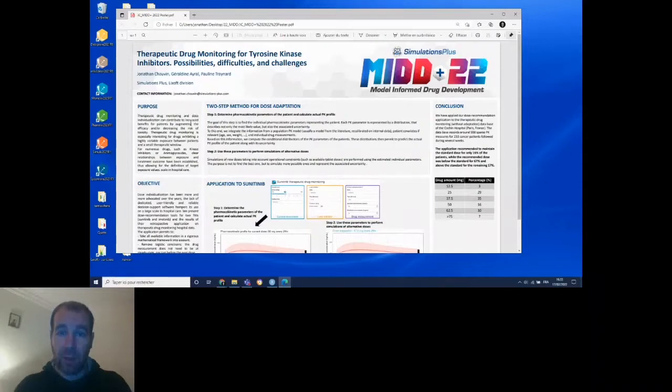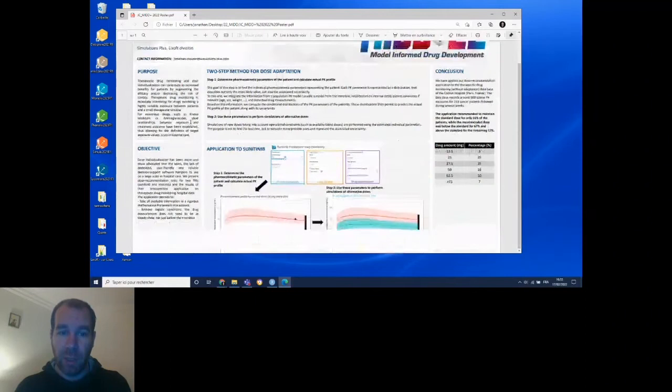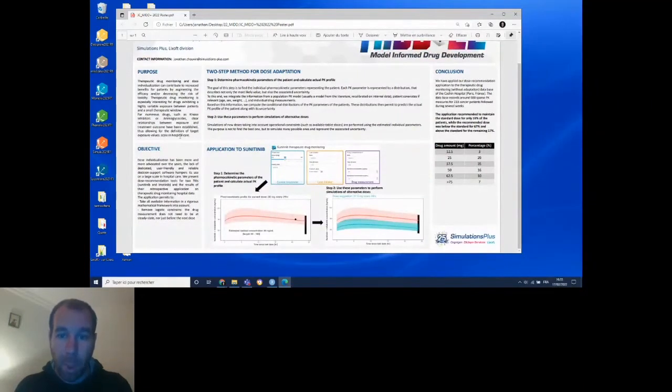So the goal is not to change the current care, but to add some additional information to go toward that direction. So what do we mean with the tool that we have developed on some of these molecules? So more and more user-friendly usage of this information for clinical usage.